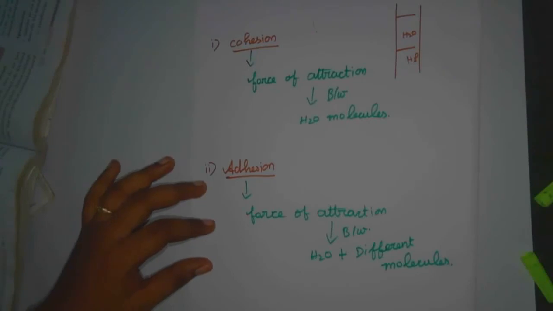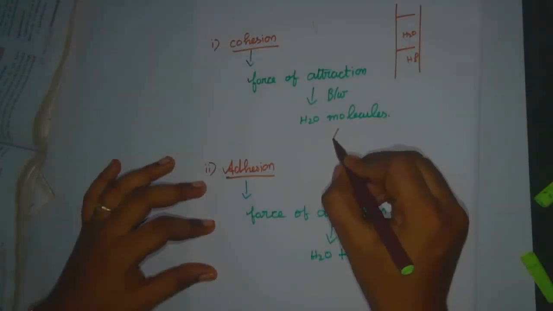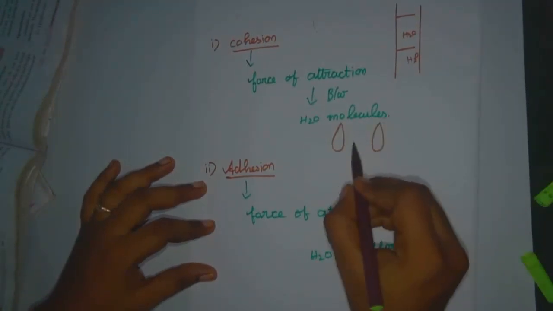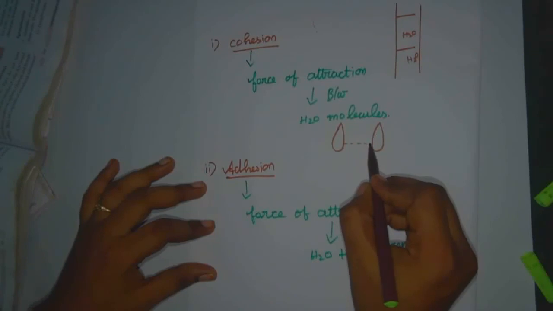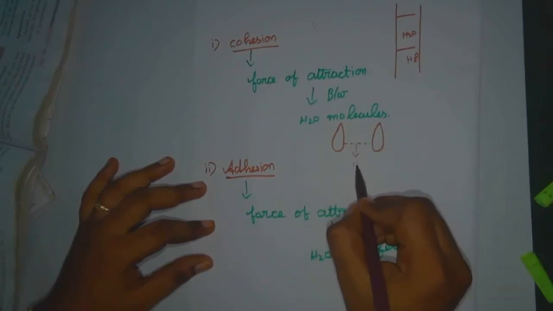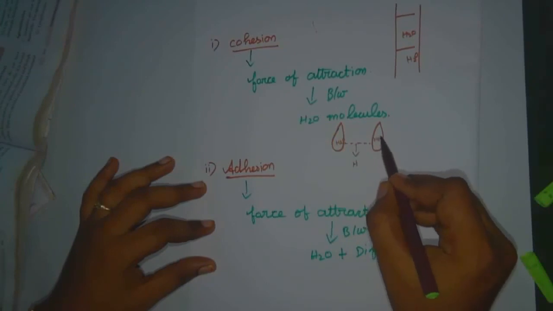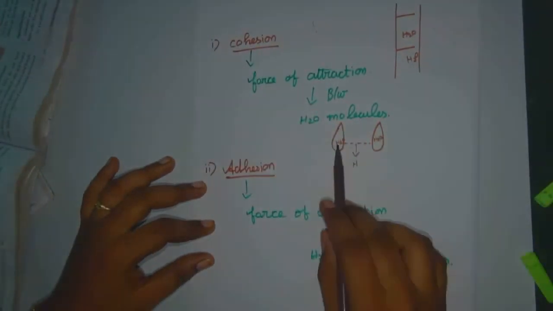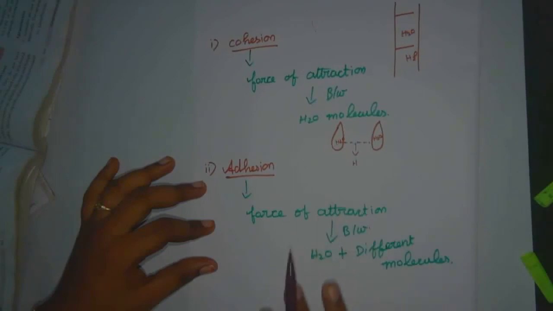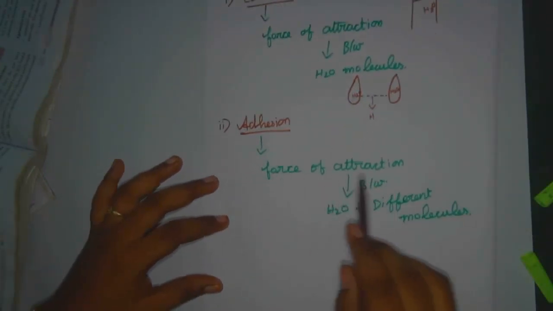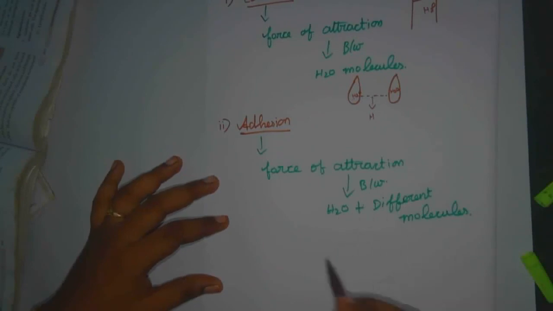The first one is cohesion, a force of attraction between water molecules. Just imagine this is a water molecule and this is a water molecule. They have a force of attraction between them with the help of a hydrogen bond. Cohesion is the force of attraction between water only, and no other particles are involved. And adhesion is the force of attraction between water and different molecules.